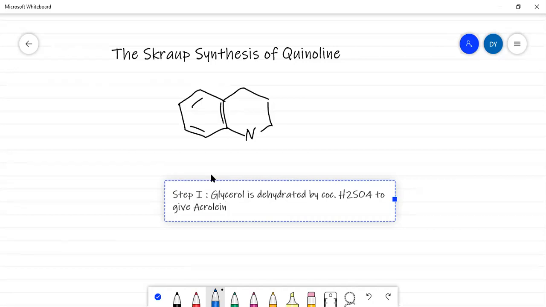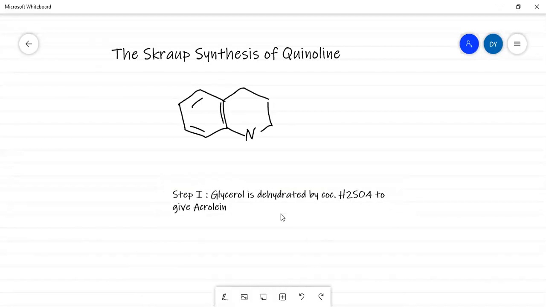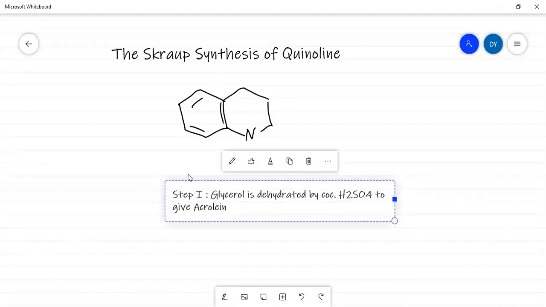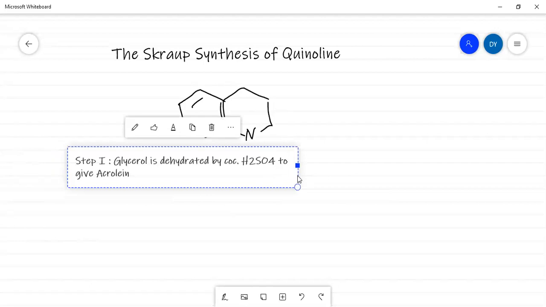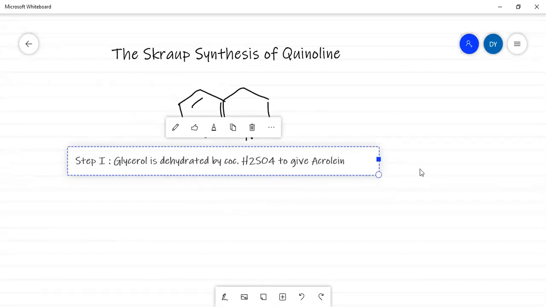Now in this synthesis, we first need to know the structure of glycerol. That is an important thing. Glycerol is a compound which contains three OH groups. Then dehydration means there is a removal of water molecule. And at last, acrolein is nothing but a compound which contains a double bond as well as an aldehydic group.